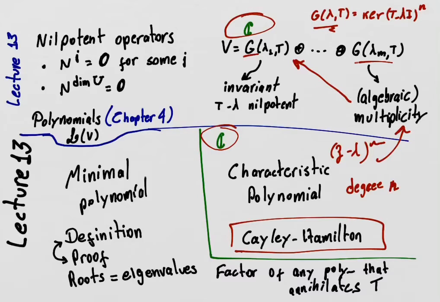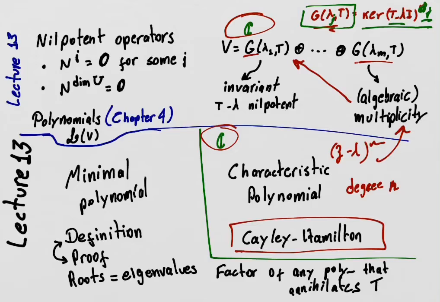But once you have it and you know which dimension it has, then you can replace this by a smaller number, which will be just d, the algebraic multiplicity of that lambda, dj. So we know that this generalized eigenspace is also equal to the kernel of t minus lambda I to a smaller power.